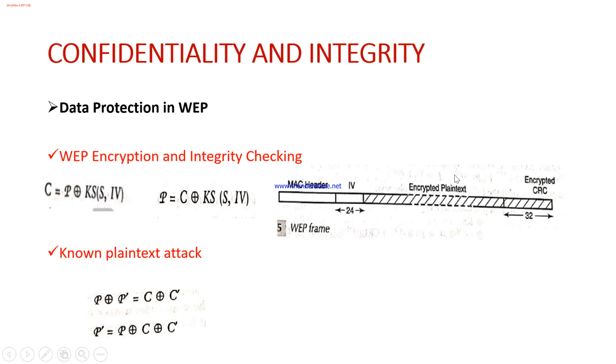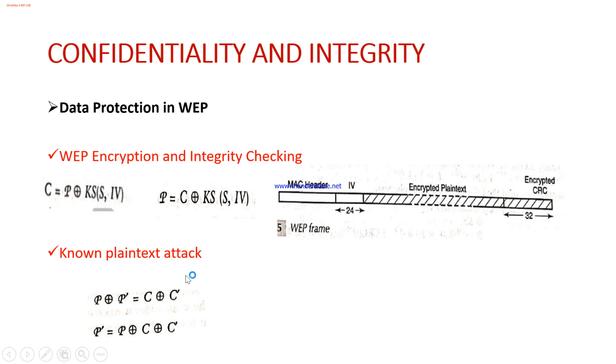We have the MAC header, followed by the initialization vector, then the encrypted plain text, that is the ciphertext, followed by the CRC computed for this, which is also encrypted. For encryption we rely on the RC4 stream cipher. So confidentiality is taken care of by the RC4 stream cipher, and integrity is through the CRC computation and the MAC header. Now let me explain the flaws of WEP.